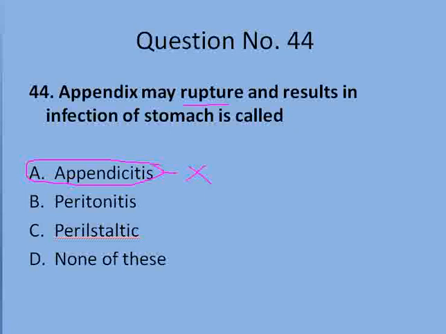Due to the rupture and results in infection, that we call peritonitis, because peristaltic movement we observe in the case of the esophagus, and D is none of these. So the correct option for this one is B, peritonitis.